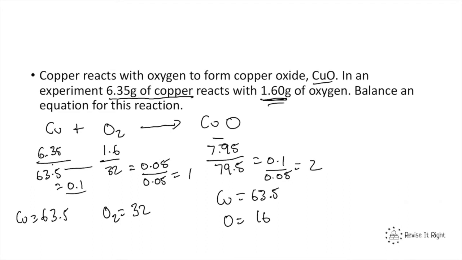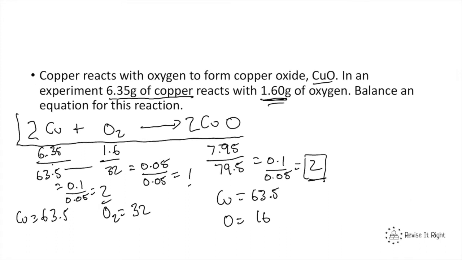And 0.1 divided by 0.05, again, is 2. So that means that 2 moles of copper, and we put 2 there, reacts with 1 mole of oxygen. Now, because it's 1, we don't put a 1 in front, to form 2 moles of copper oxide. So we're going to put that there. And again, that is our balanced equation there.